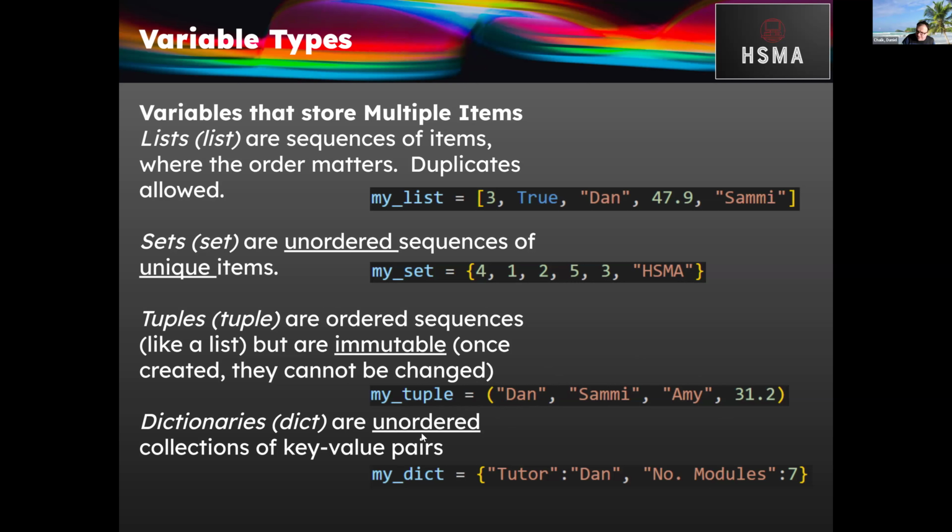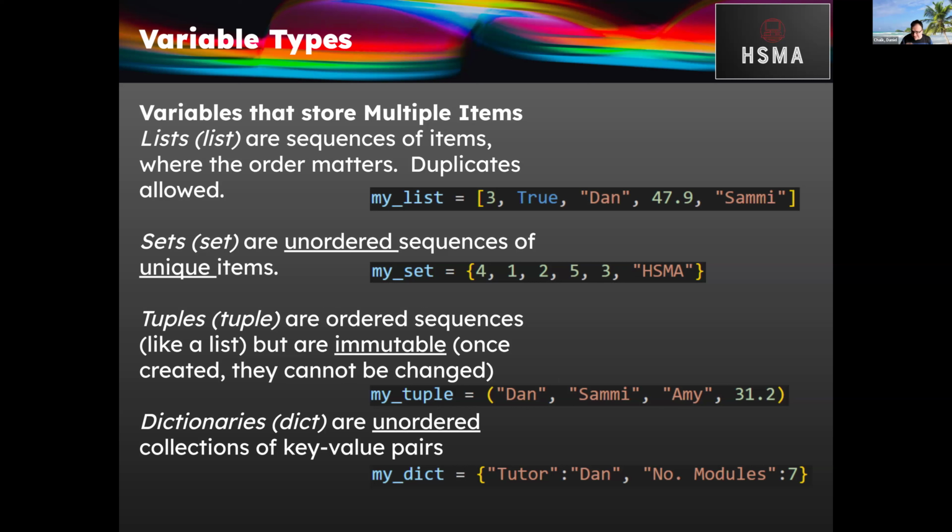And then the other ones worth flagging up are dictionaries. Now dictionaries, again, use these curly braces like sets, which can be a little bit confusing, but they are a bit different to the rest. So dictionaries, or dict, as they're commonly abbreviated, are unordered, so the order does not matter in a dictionary, and they are collections of key value pairs.